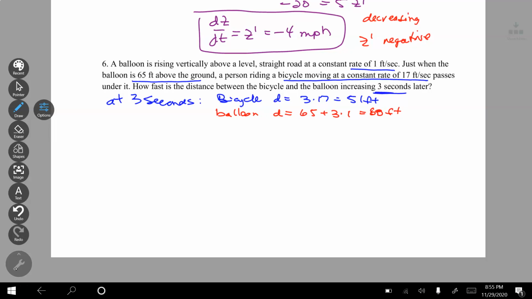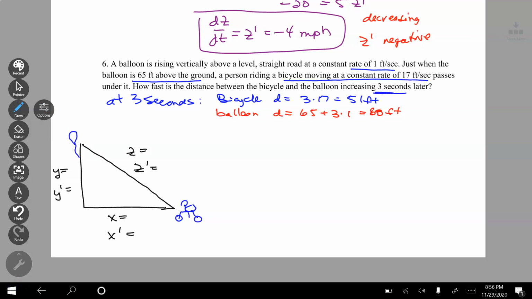So I can draw this picture. At the moment, the bicycle is 51 feet and it is moving at 17 feet per second. At the moment, the balloon is 68 feet and it is rising at 1 foot per second.